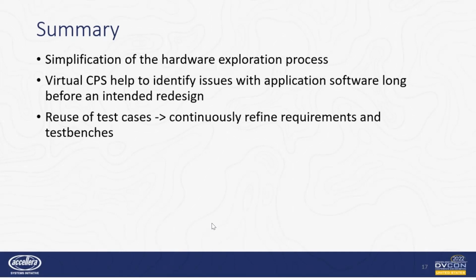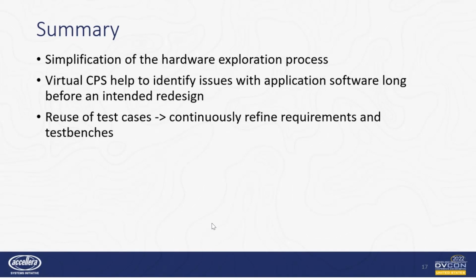Reuse of the test cases through the concept exploration phase allows continuously refining requirements and generating test benches for a test framework. This could be reutilized for the next stage, RTL design verification, as a golden reference, and it could extend the coverage matrix with system-level stimulus.